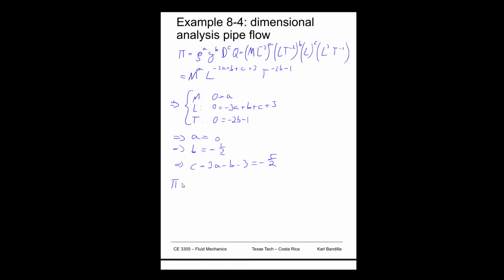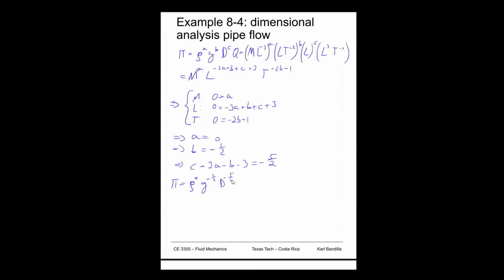We can say pi is equal to rho first, and A is equal to 0. Then we had G, and that is B, which is equal to minus 1/2. And then we have the diameter D, and that is equal to minus 5/2.